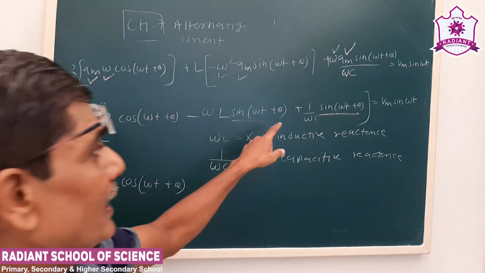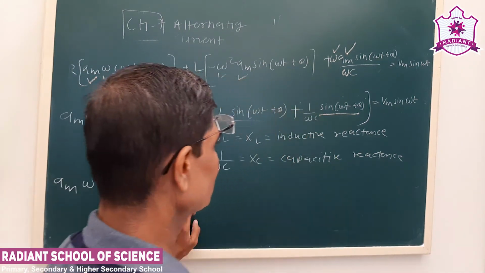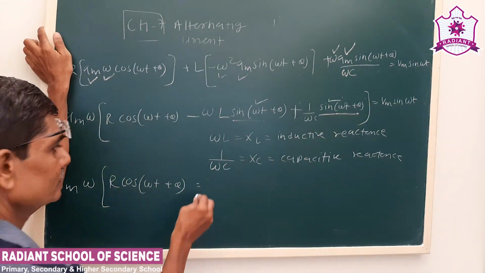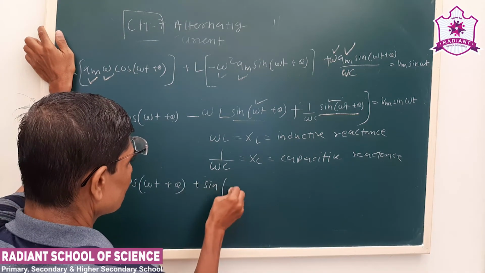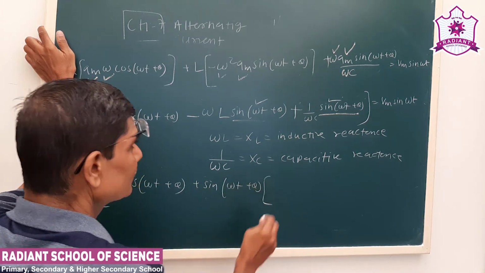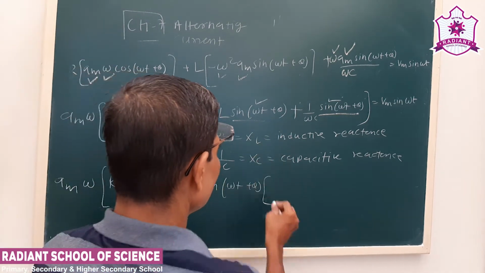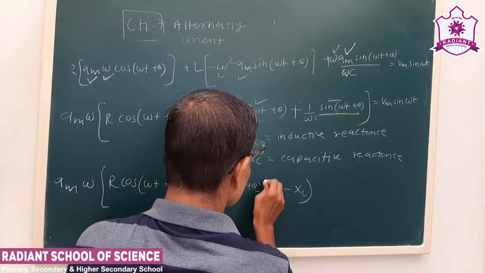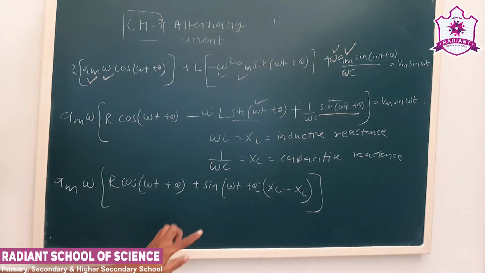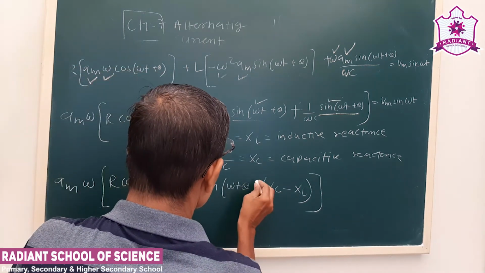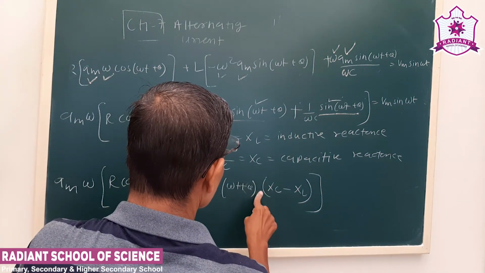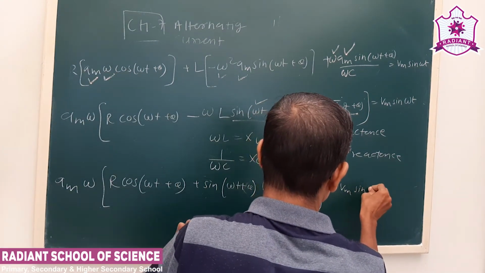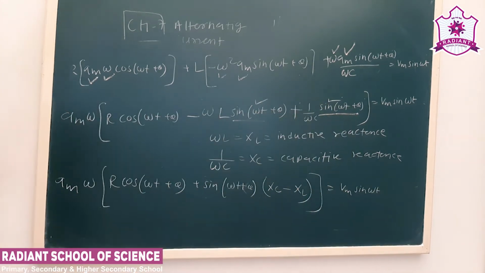Now I write the positive term first and take common from these two: sin(omega t plus theta) is common. Now 1 upon omega c is XC and minus omega L is XL. This is equal to the right hand side, that is the voltage supply.